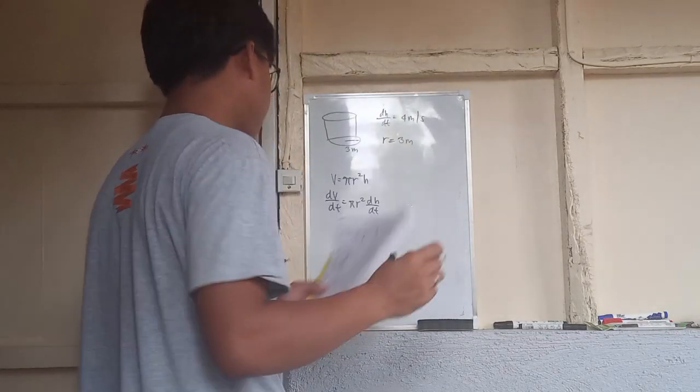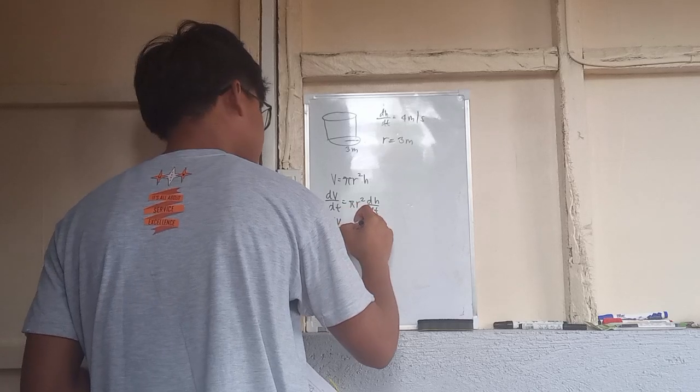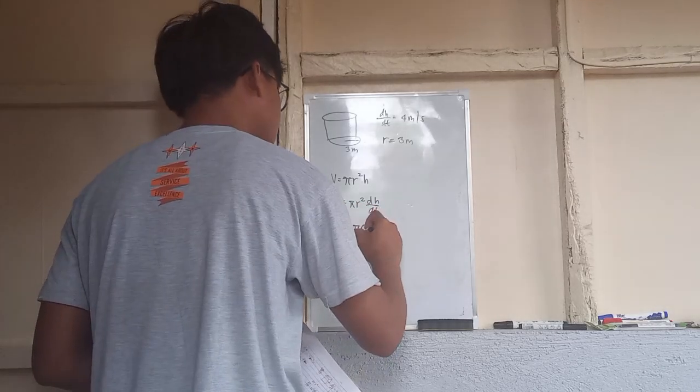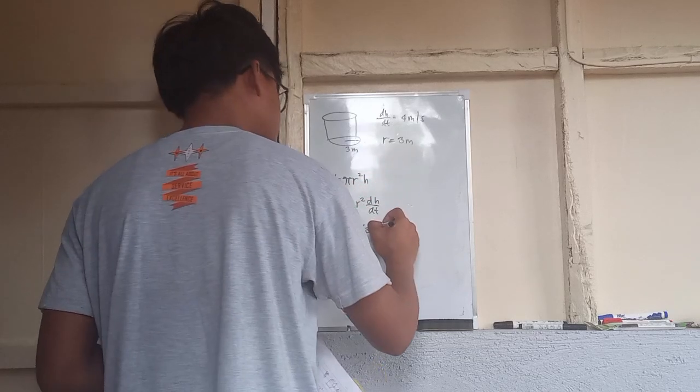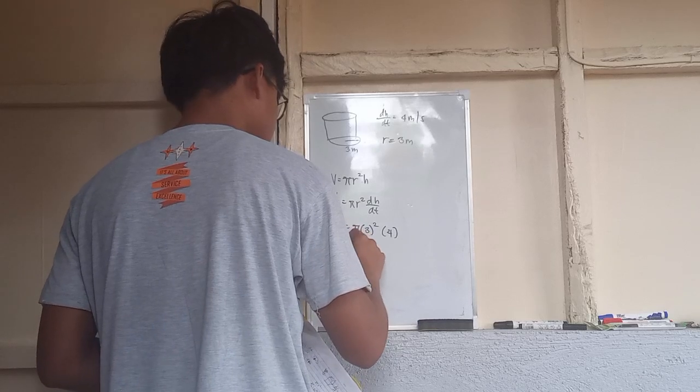So copy the dV over dt, copy the pi, then substitute the value of r, which is 3, then squared, then our dH over dt is equal to 4, then calculate.